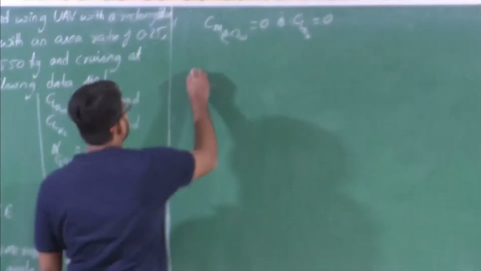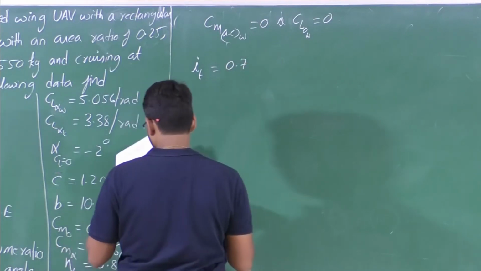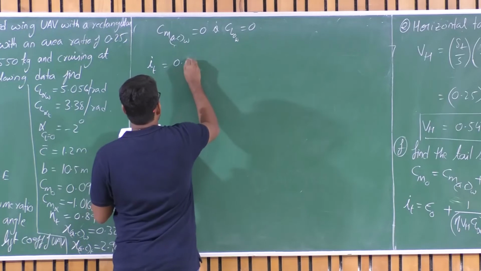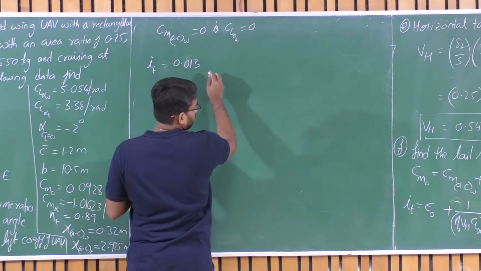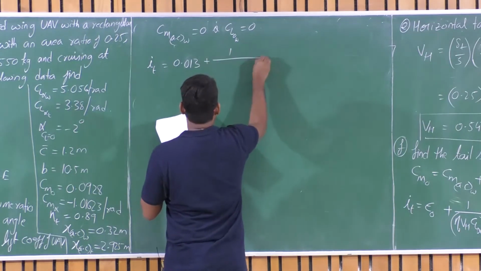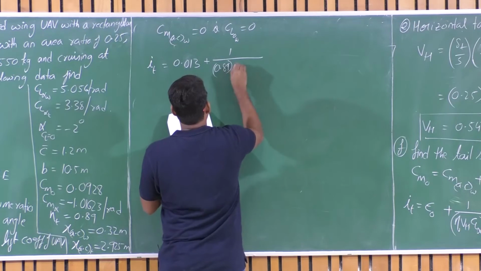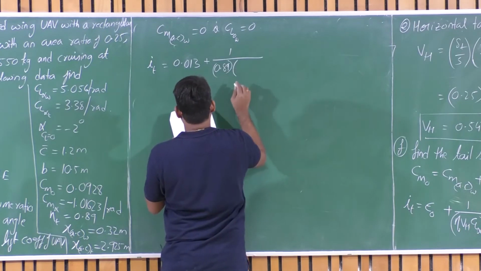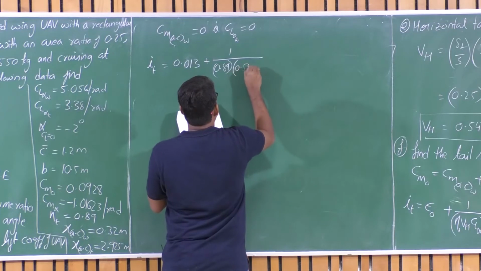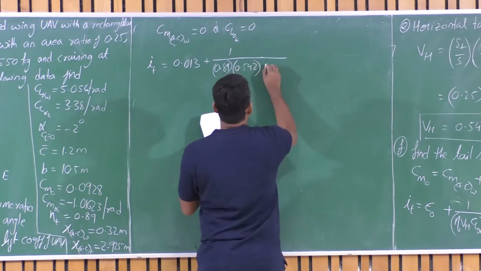So what you end up having is epsilon naught, which is I of t is 0.75 was given, right? 0.013 plus 1 upon 0.89 times tail volume ratio 0.542 multiplied by CL alpha of tail, which is 3.38.